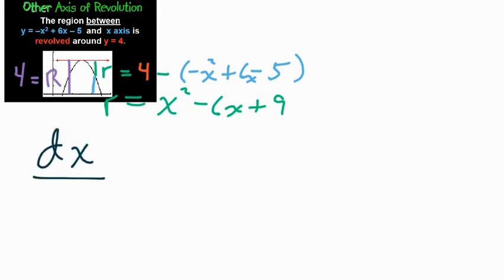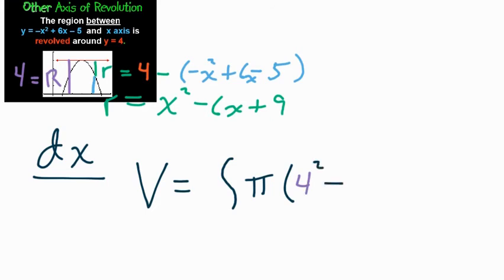Now, it's still a dx integration because we're doing this problem around a horizontal line. And further, the values in this problem are going to be x values, since the equations that we have here, in other words, the big R being 4 when we put that in the washer method, and then the little r being the x squared expression, these equations are in terms of x.